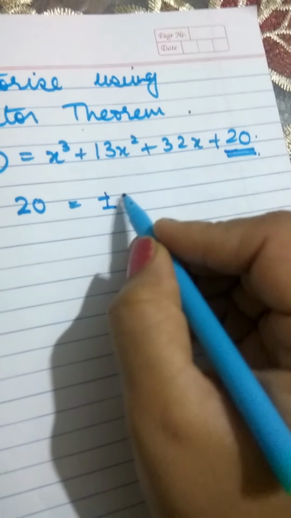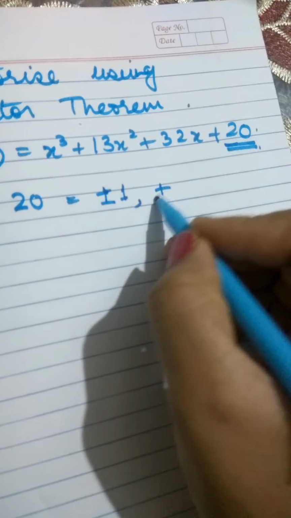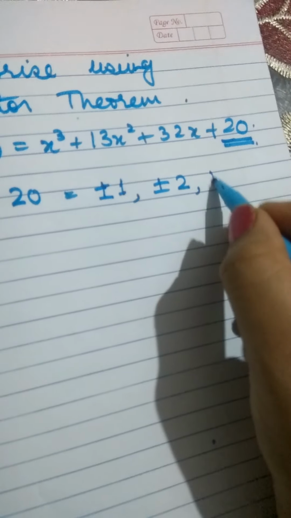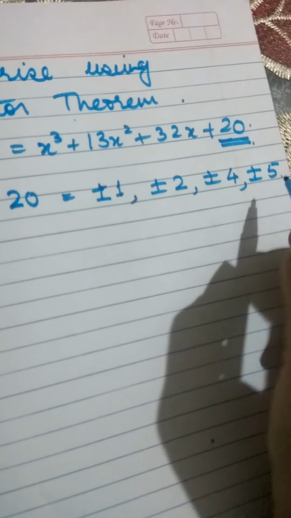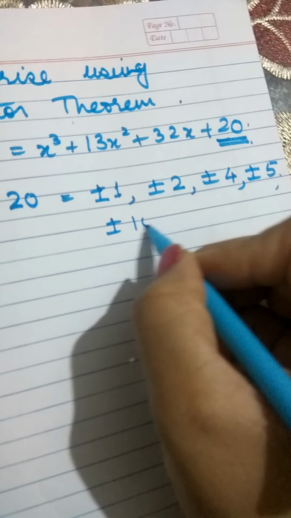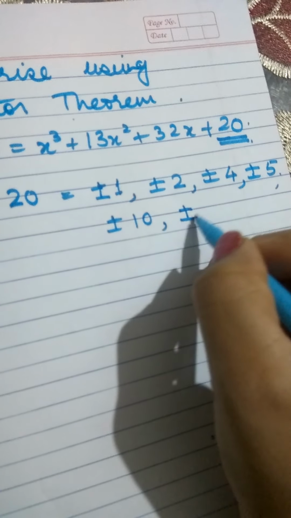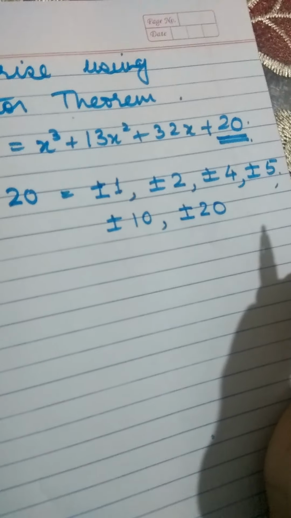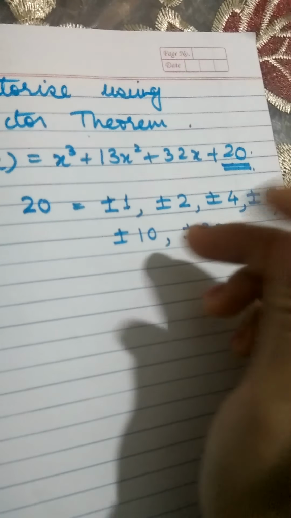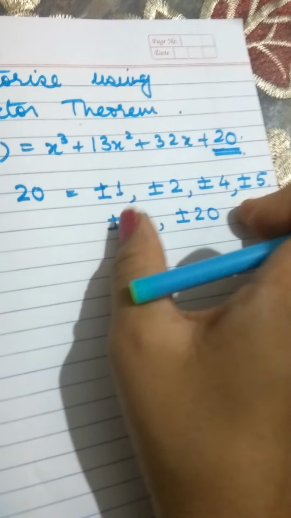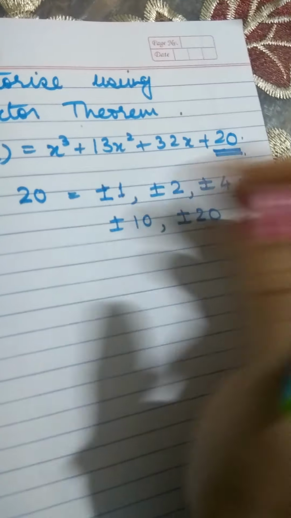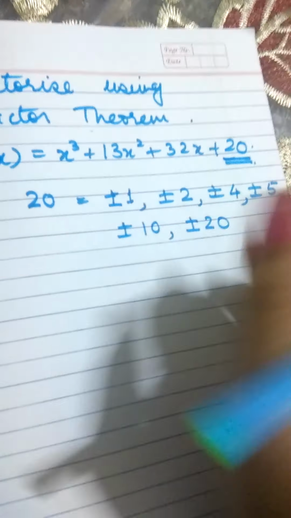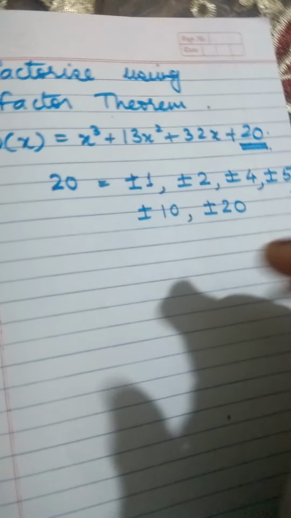The factors of 20 will be plus minus 1, plus minus 2, plus minus 4, plus minus 5, plus minus 10 and plus minus 20. Most probably we need not go up to the highest values. Plus minus 1 or plus minus 2, the smaller factors itself will give us some substantial result.